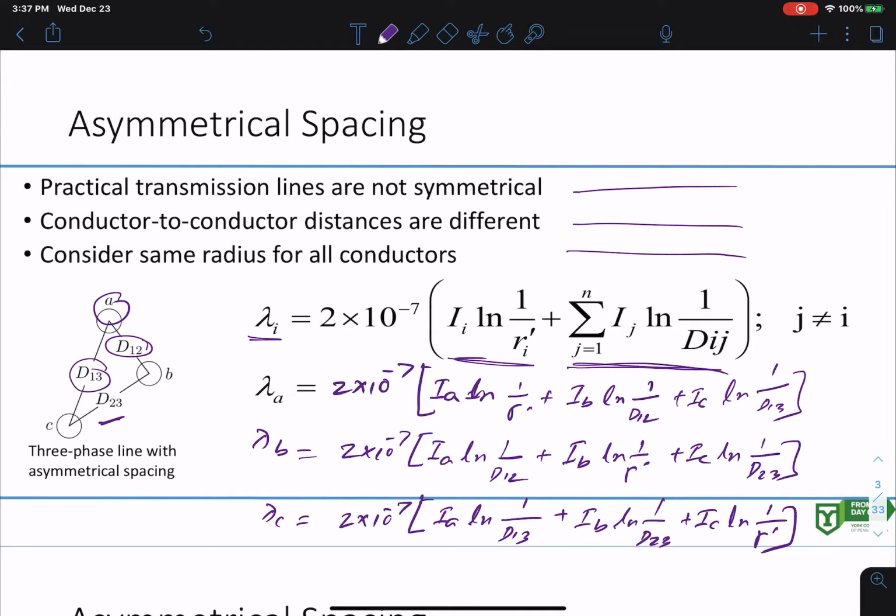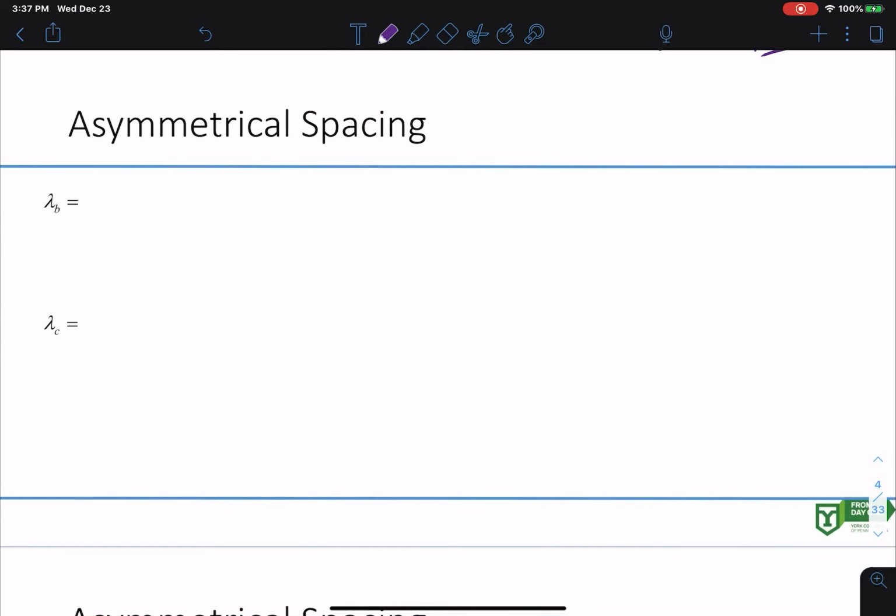Now we need a little bit more manipulation of this equation to find the inductance. The first manipulation I'm going to show you is introducing a parameter into the line. Let's say you have three currents over here.